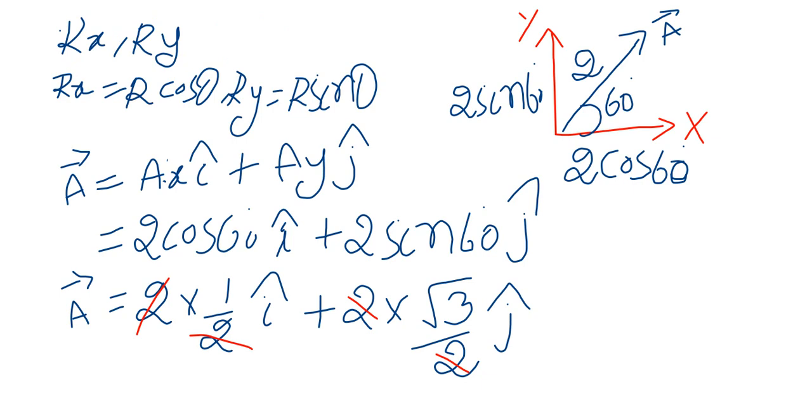So a bar is equal to i cap plus root 3 j cap.